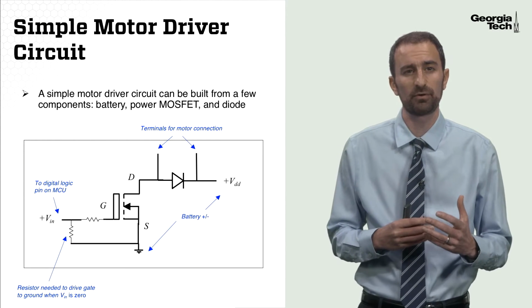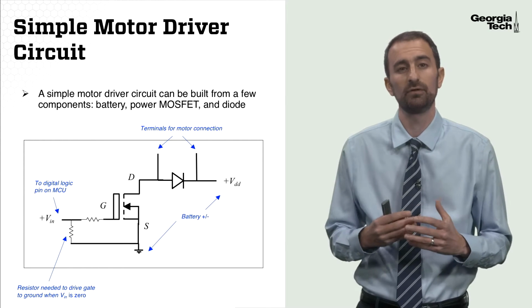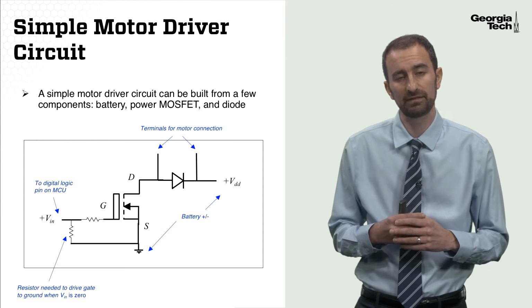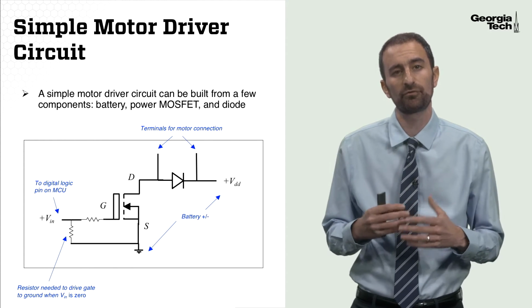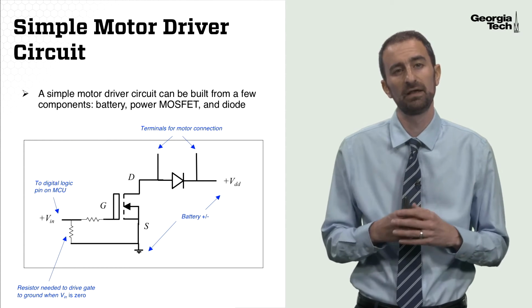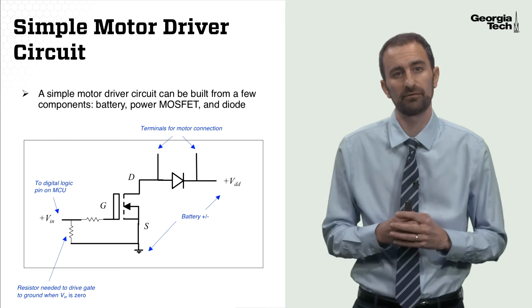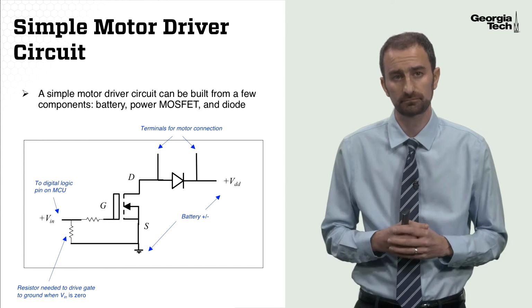VIN is either going to be 3.3 volts or 5 volts depending on the model of the microcontroller we're going to use. We can also see that our motor terminals hook into this circuit on both sides of the flyback diode. We've talked about the need for a flyback diode in this type of circuit in previous lessons. We can also see the interface for our battery.